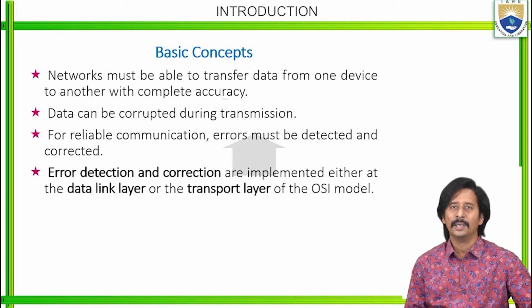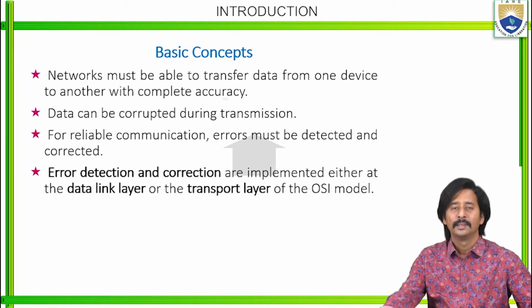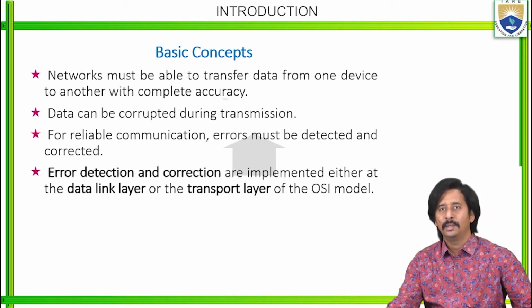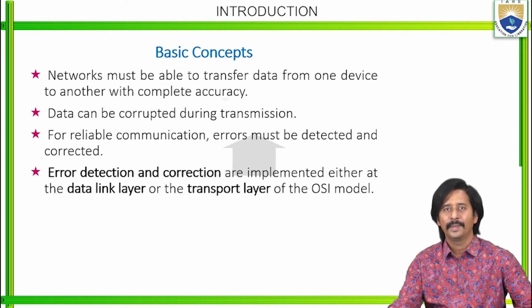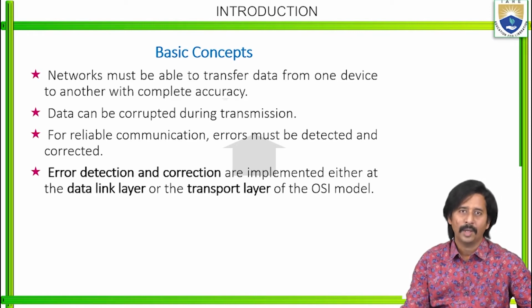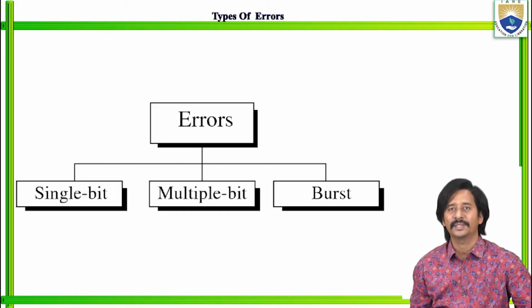So for reliable communication, errors must be detected as well as corrected. We have two mechanisms: error detection as well as error correction. These are implemented either at the data link layer or at the transport layer of the Open System Interconnection model.